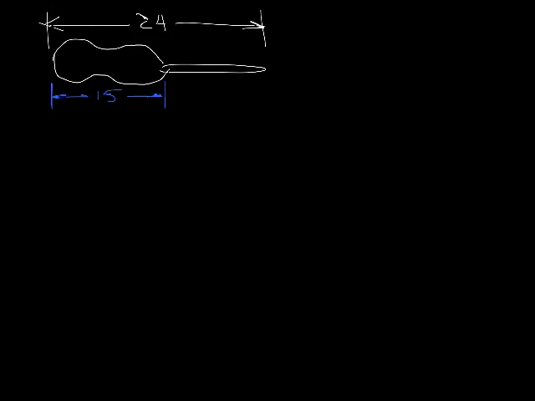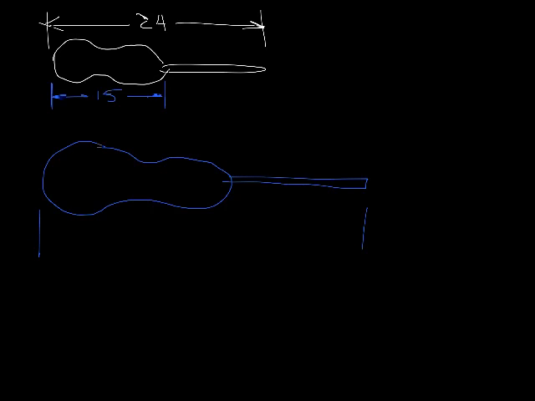Now we're going to look at a cello, which is just a bigger violin, I guess. And it's telling us that the entire thing is 48 inches from end to end. What they want to do is they want to have you determine how far the body length is from there to there. So we're going to call that x.